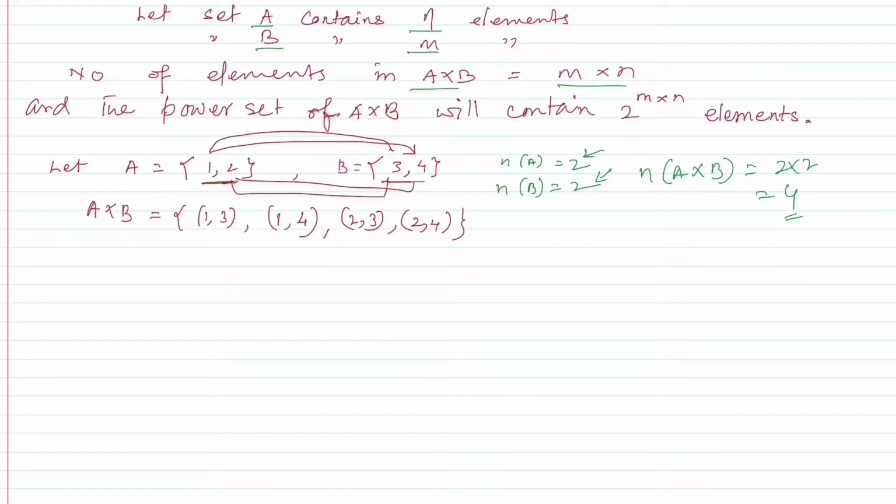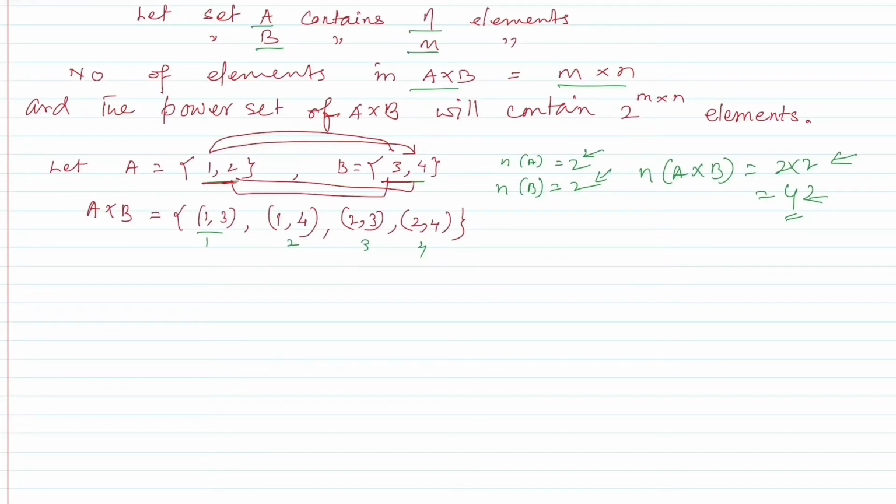Here we have to consider one ordered pair as one element. So 1, 2, 3, 4, we have got 4 elements. So you have understood this, as we have got 4 here also.